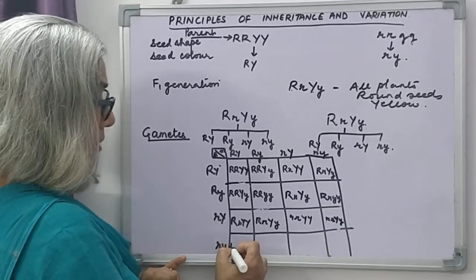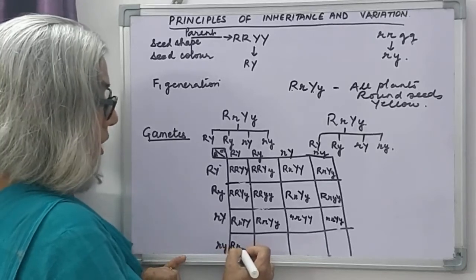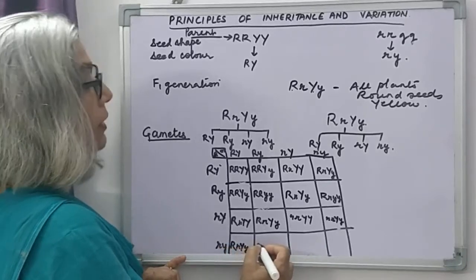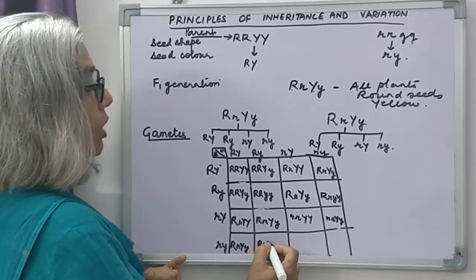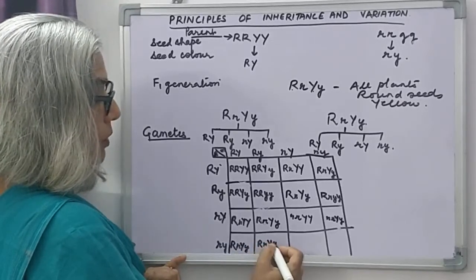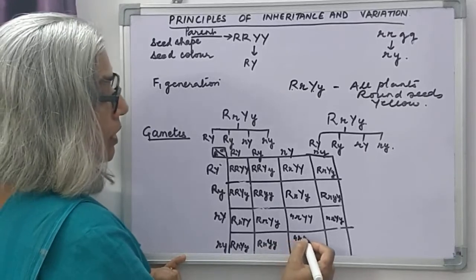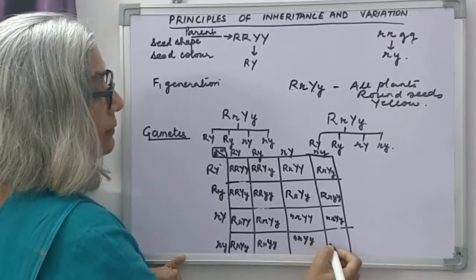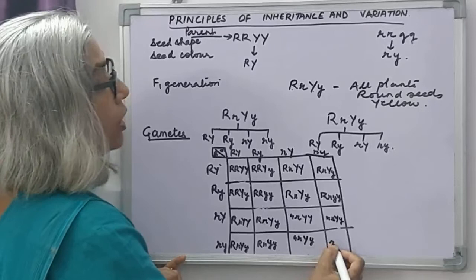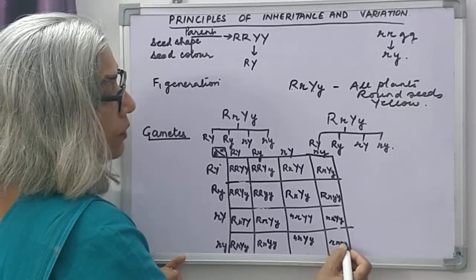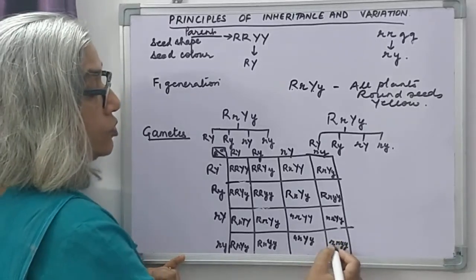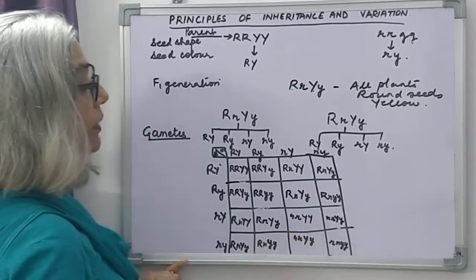Then capital R, small r, capital Y, small y. Capital R, small y, small y. This is small y. Small r, capital Y, small y. And small r, capital Y, capital Y. Small r, small y, small y.